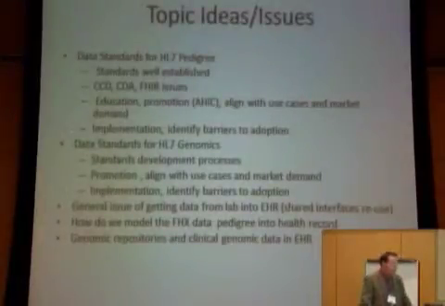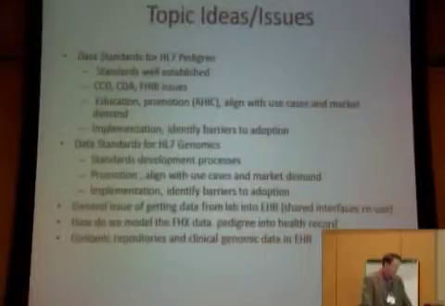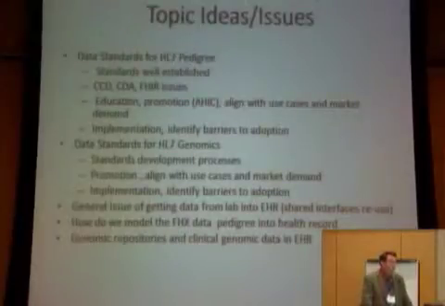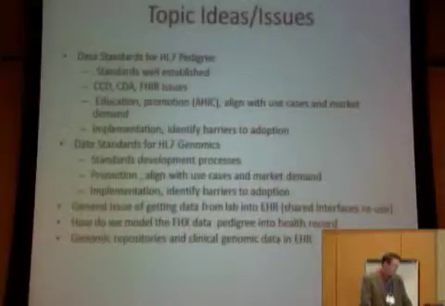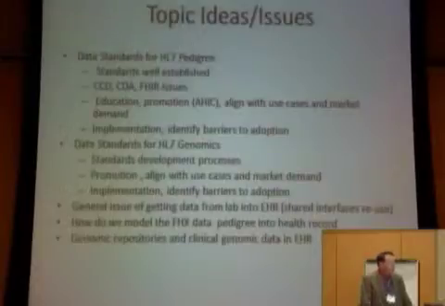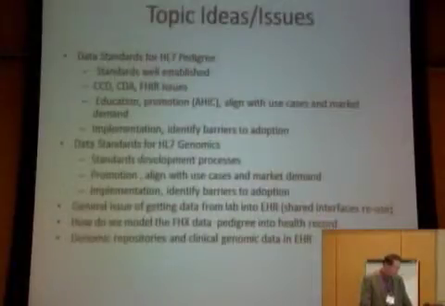Here are the topics and issues we came up with. Looking at data standards for family history, it was determined that the pedigree model is considered a well-established standard. But as Kevin mentions, within HL7 we have CCD and CDA, and now FHIR, which is a development process, and they are not offering the robust family history pedigree.